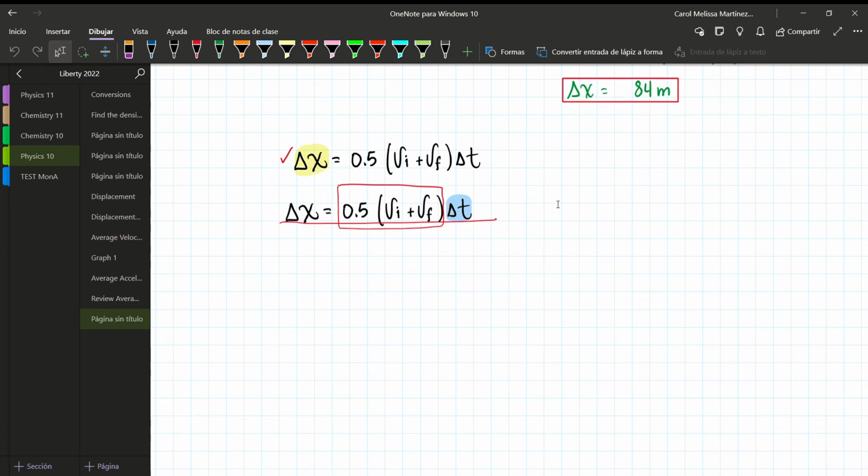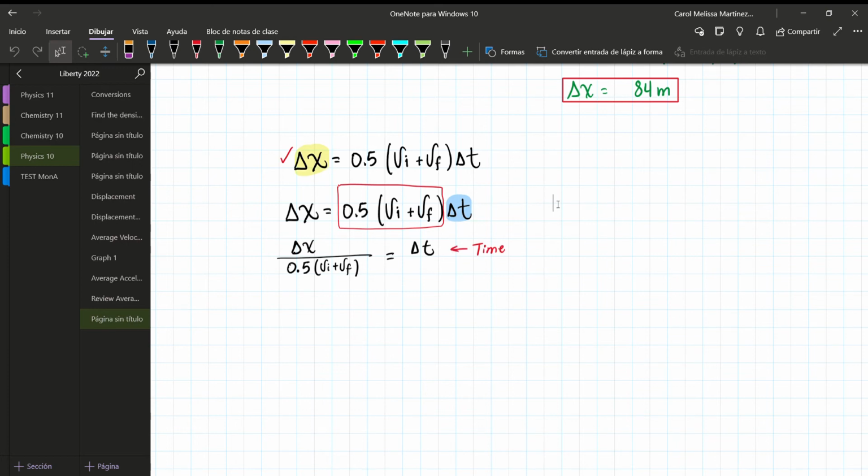So what happens when you isolate? You're going to send all this to the other side to divide. So in the case that you want to isolate for delta time, it's going to be equal to delta x divided by 0.5 times the initial plus final velocity, and this is going to be your equation for the time. In case that you want to find the time, that's the isolation that you have to do.